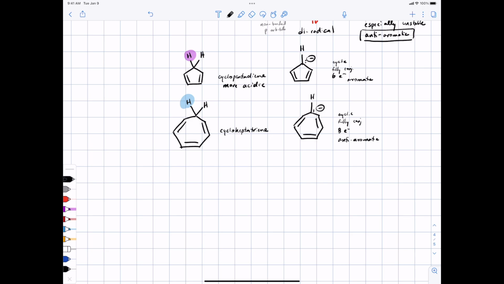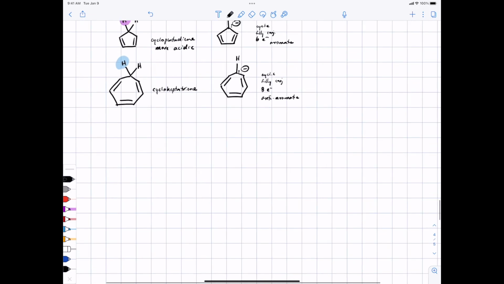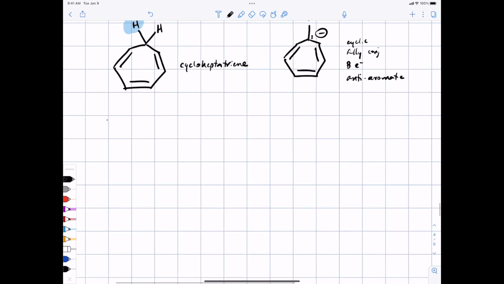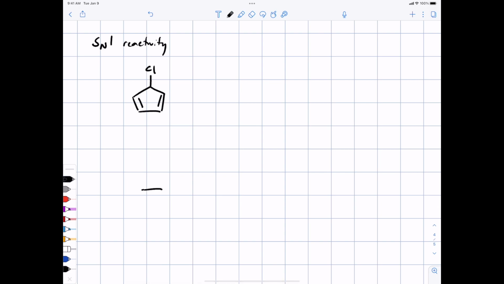Same players, different structures. I want you to consider reactivity in an SN1 reaction. And your contestants are that guy, and that one.